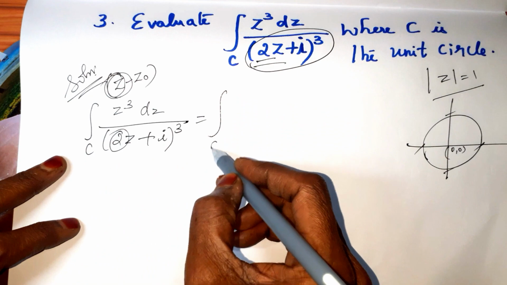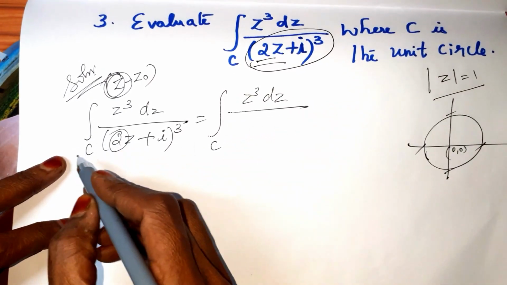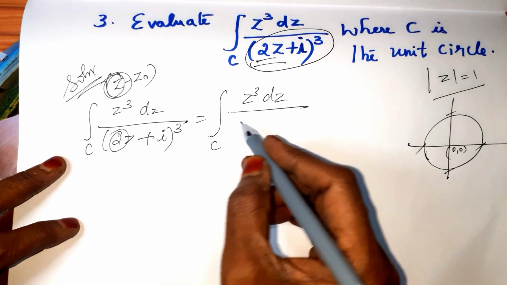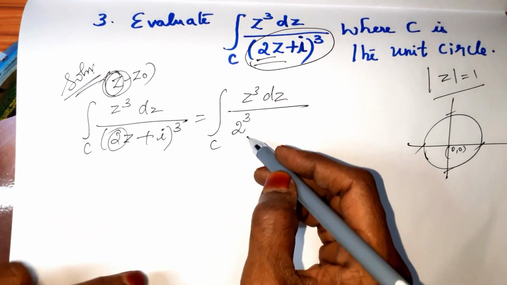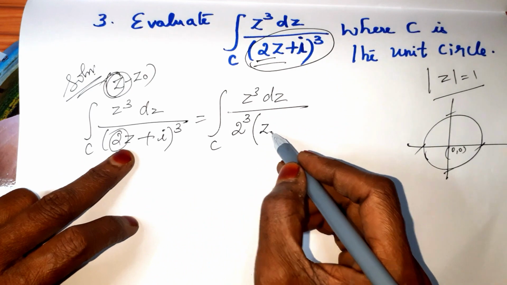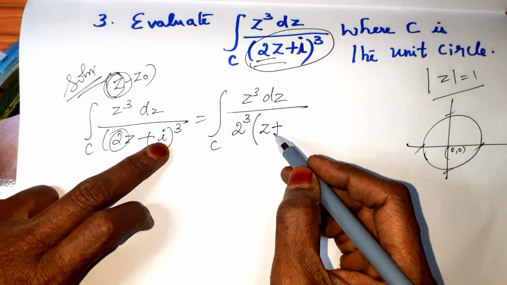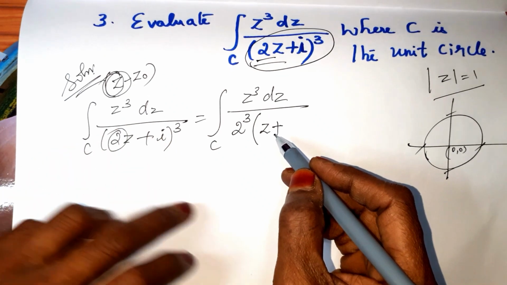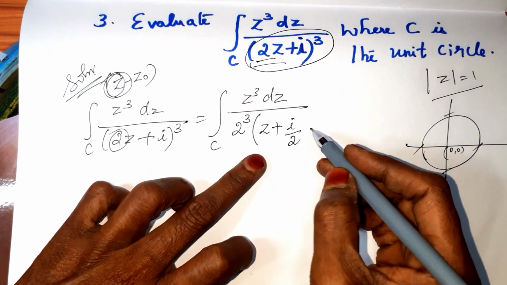So integral over c z cube dz by, I'm taking 2 outside. What is the power we have? Power 3. When I took 2 outside, we have to take it with the power. So 2 power 3 I'm taking as the common term outside. Then this will become z plus, when we take 2 outside, it will become I by 2.